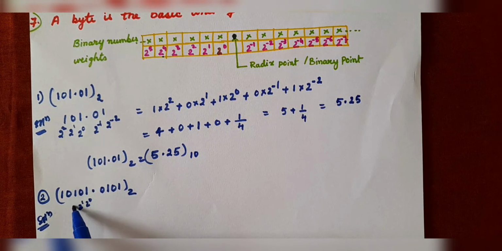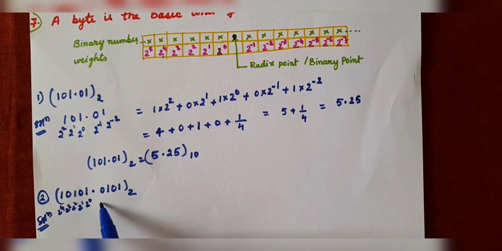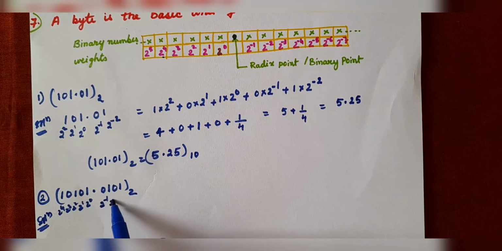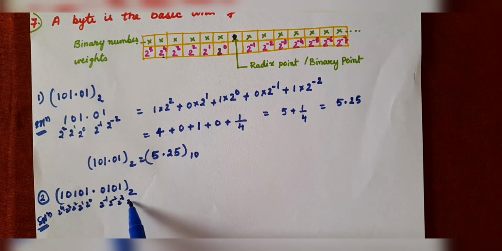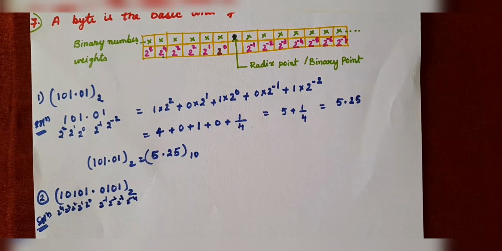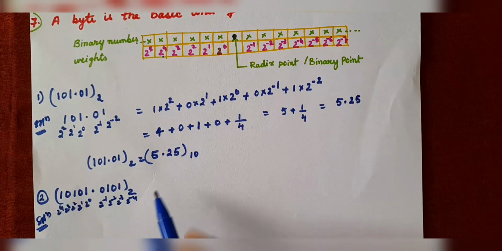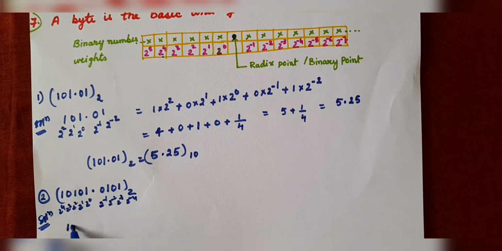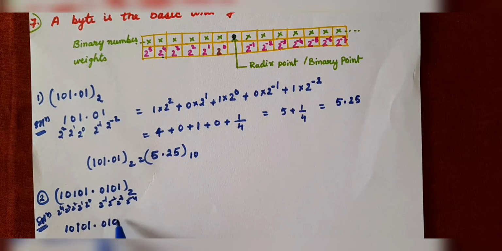2 to the power 1, 2 to the power 2, 2 to the power 3, 2 to the power of 4. This is 2 to the power of minus 1, minus 2, minus 3 and minus 4. Okay. So, now multiply this 101.0101. Okay, start now.